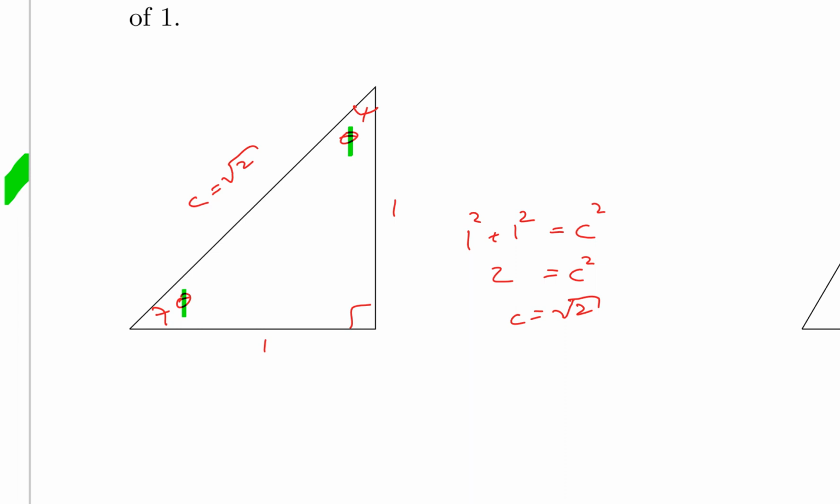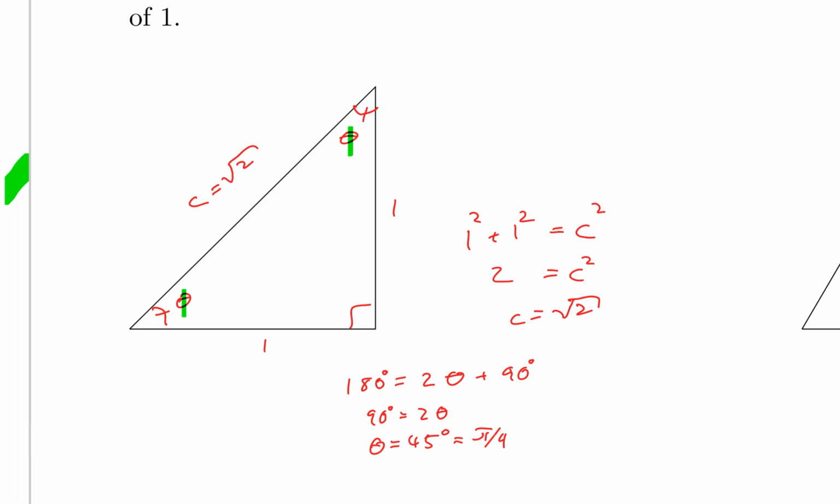So we have 180 degrees equals theta plus theta plus 90 degrees, since that's our 90 degree angle there. Subtract 90 from both sides and we get 90 here. Divide both sides by 2 to find theta, and we find that theta is 45 degrees, which was one of our reference angles. And as we recall, 45 degrees is the same thing as pi over 4 radians. Okay, good.